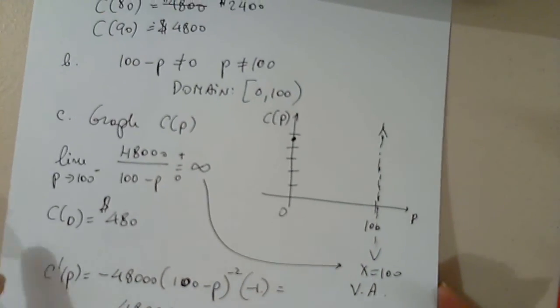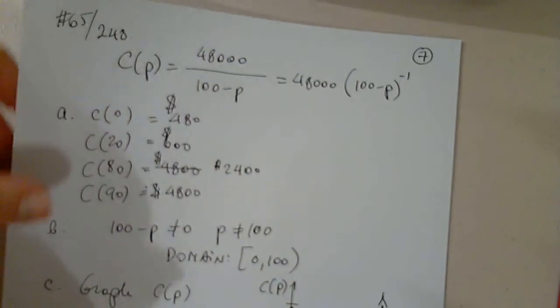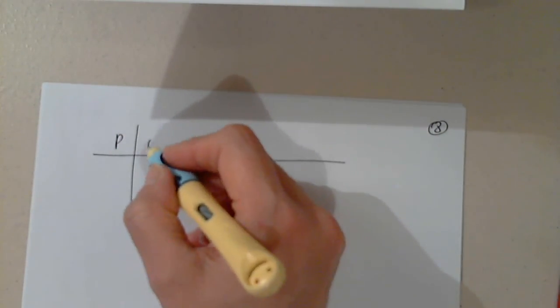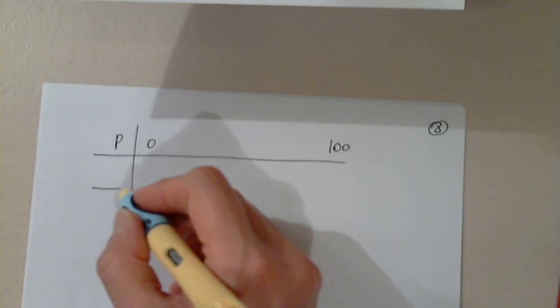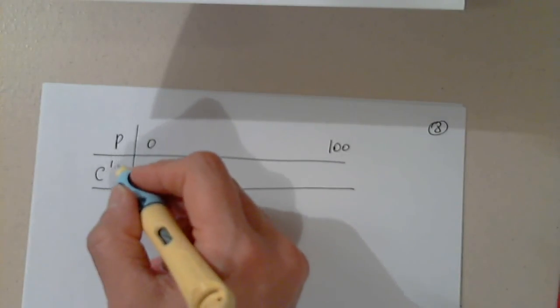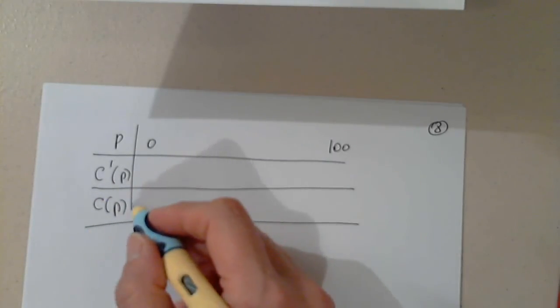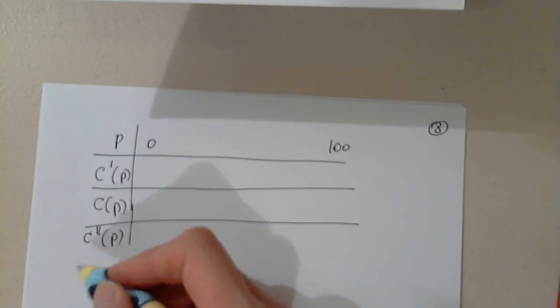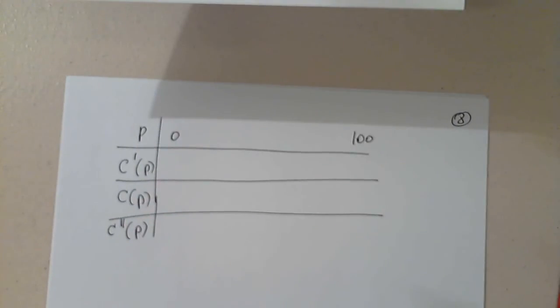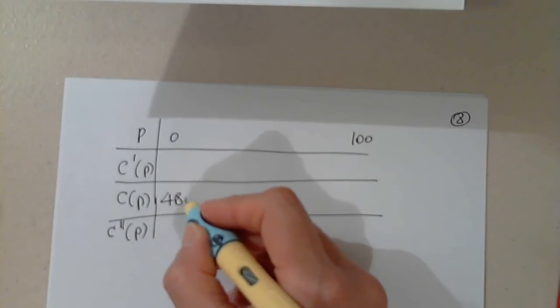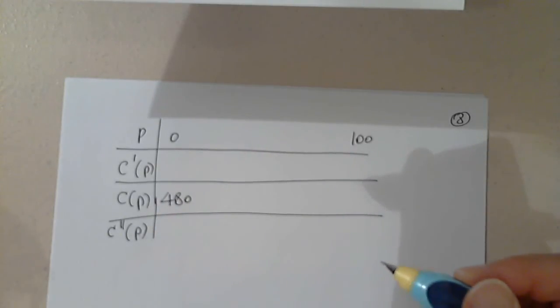We are ready for our chart. So this is my page 8. So P, the domain is between 0 and 100. And C prime of P, C of P, and we'll see in a moment if we need a second derivative. So at 0, we already know it's 480.